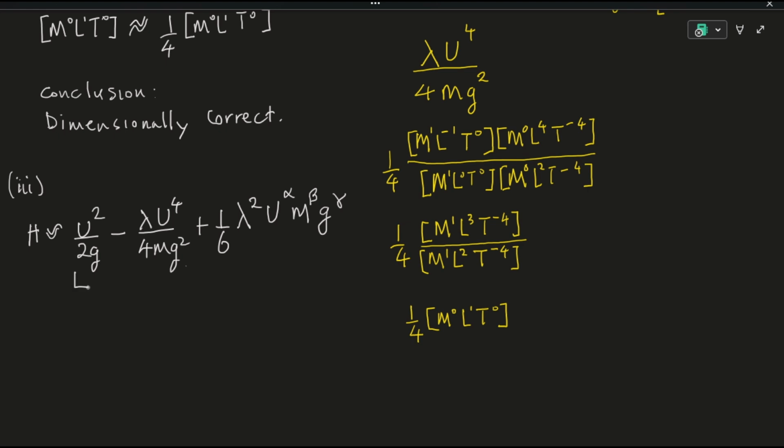Now the dimensions of this part of the equation has already been determined in the second part of the question. So we are going to go ahead and replace that dimensions over there in order to simplify the solution of the third part of the equation.